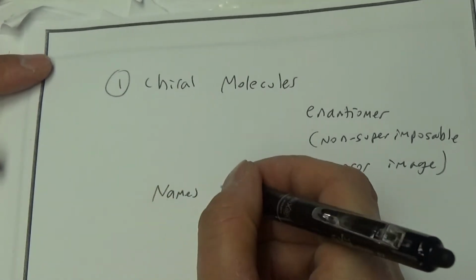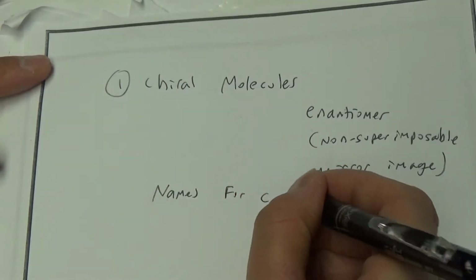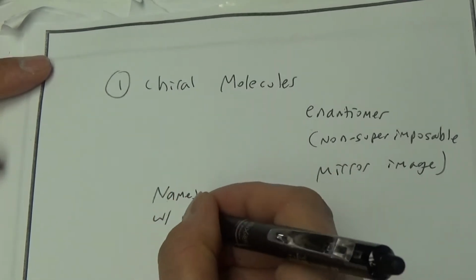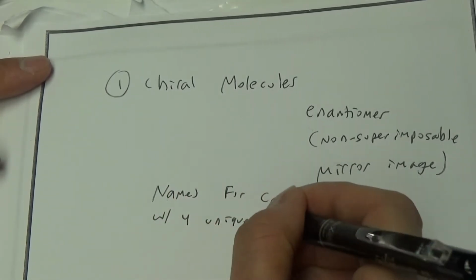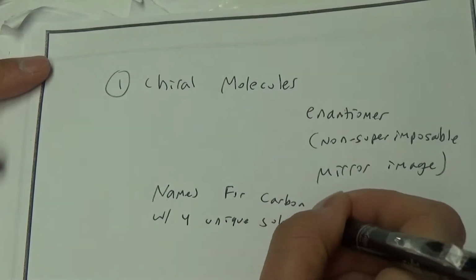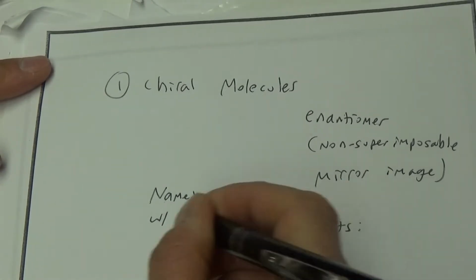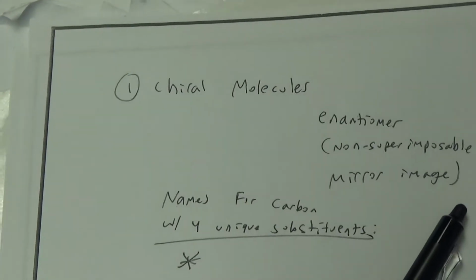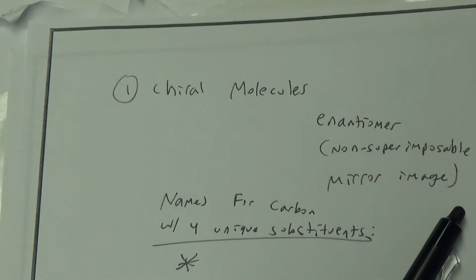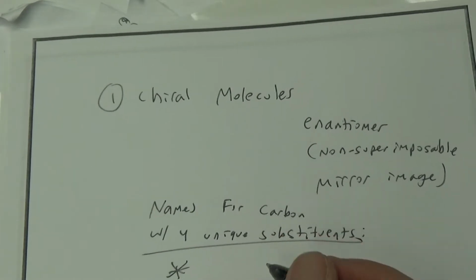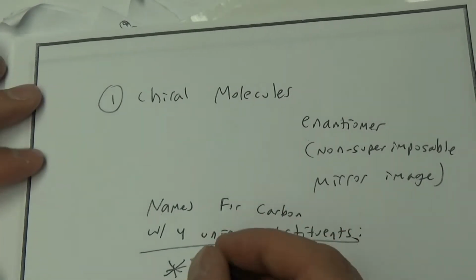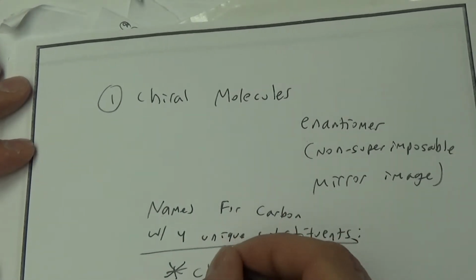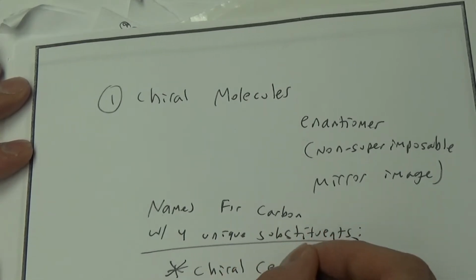Names for carbon with 4 unique substituents. We had a couple of those names, right? So what were a couple of those names? I'm not going to go through all of them. They were mentioned last time, but Chiral Center is sort of an easy one to remember.